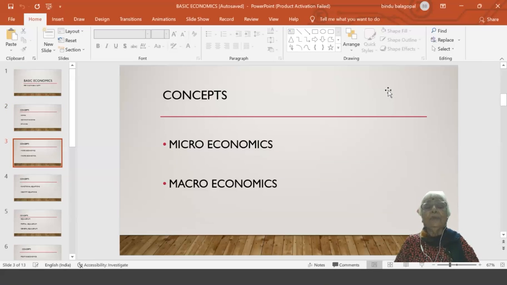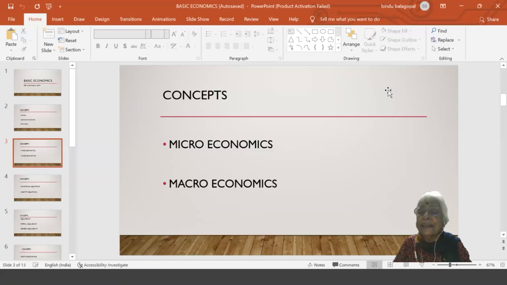Let us think of these major divisions in economics, like microeconomics and macroeconomics. Microeconomics would mean you are looking at the economy from the individual decision maker, for example, the consumer, the producer, the government. The consumer is maximizing satisfaction. You are making the consumer eat apples one after the other.